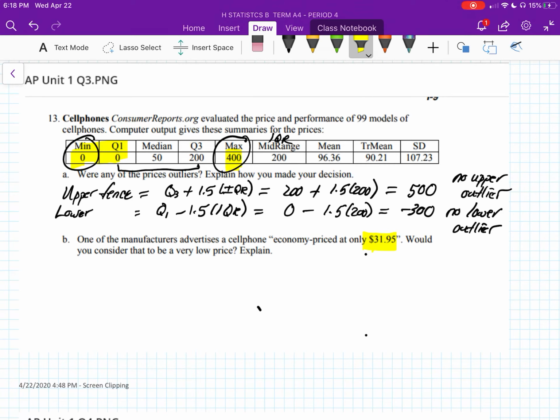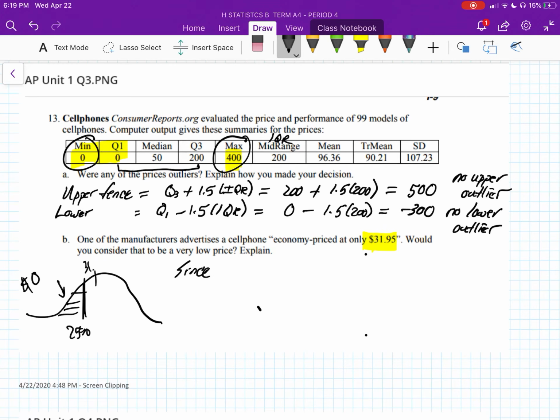So if we're thinking about these as normally distributed, 25% is a pretty large number, right? So 25% of the phones are basically $0, right? And our phone is $31, right? So $31 is well past the first quartile.